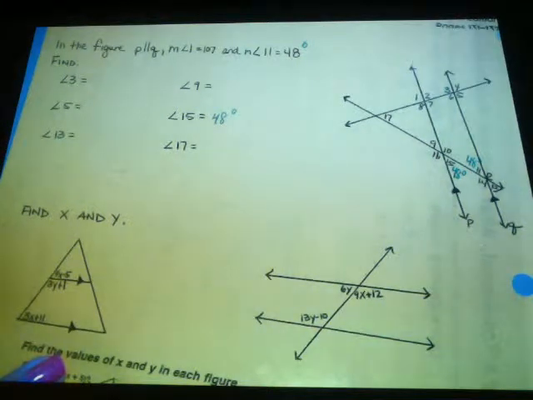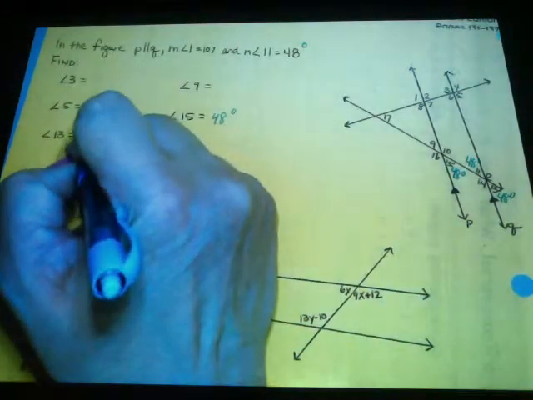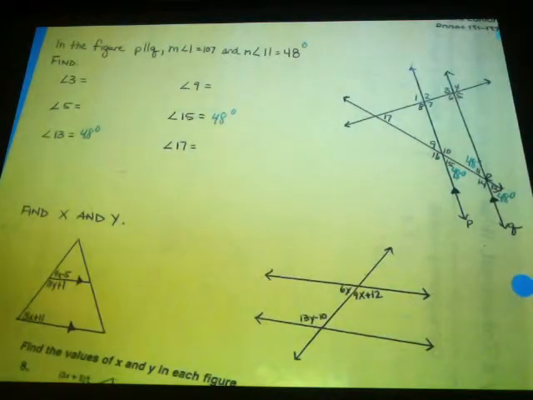What else? 13 is what? 13 is 48. Why? Because they're vertical angles. So 13 is 48 degrees. What else can we find and why? 14 is what? 132. Why did you get that?